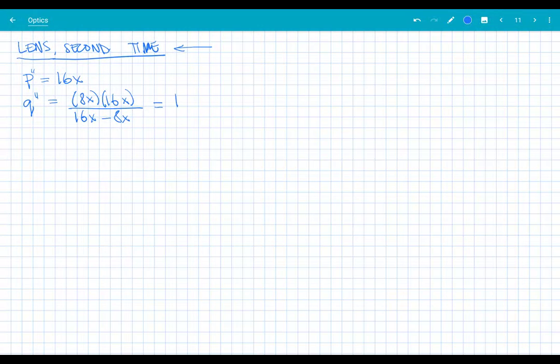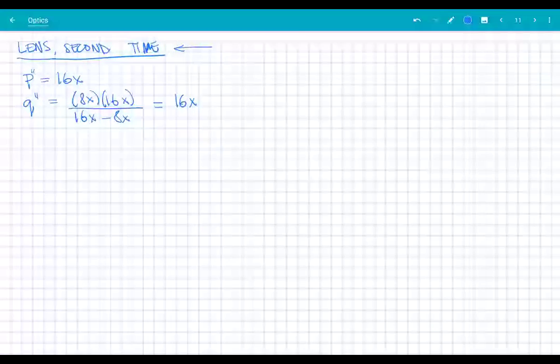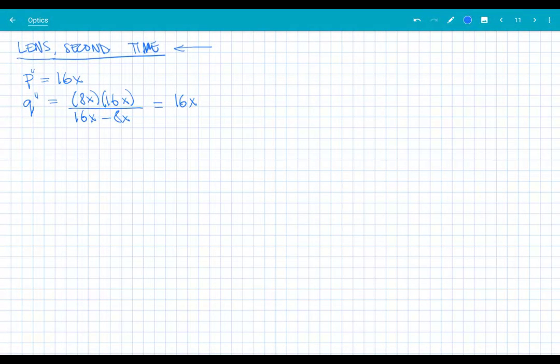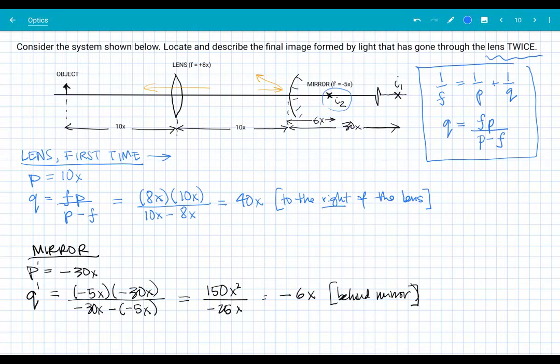That gives me 16x. That's positive, so go back and look at our diagram. If it's positive, that means it's to the left of the lens, on the side of the outgoing light. So my final image is here-ish, and I'll call that I3. It's my final image, and it's 16x from the lens. That means it's 6x.